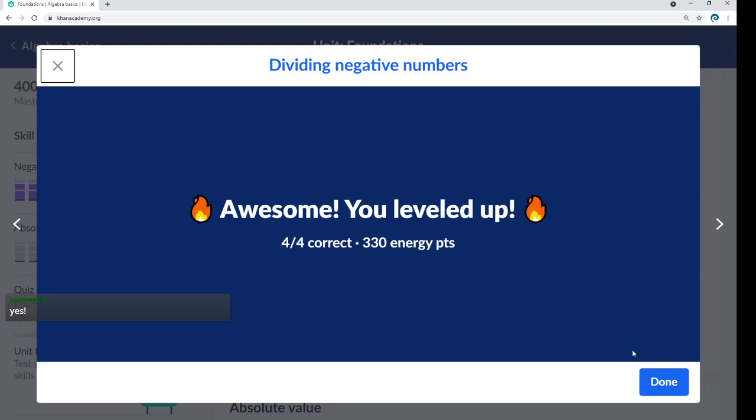330 energy points. Ho, ho, ho, I like how there's the flames here. Like it's when you walk into the very first cave in Legend of Zelda, and the guy's like, it's dangerous to go alone. You know what I'm talking about. Was there really two flames? I'm pretty sure there was two flames.